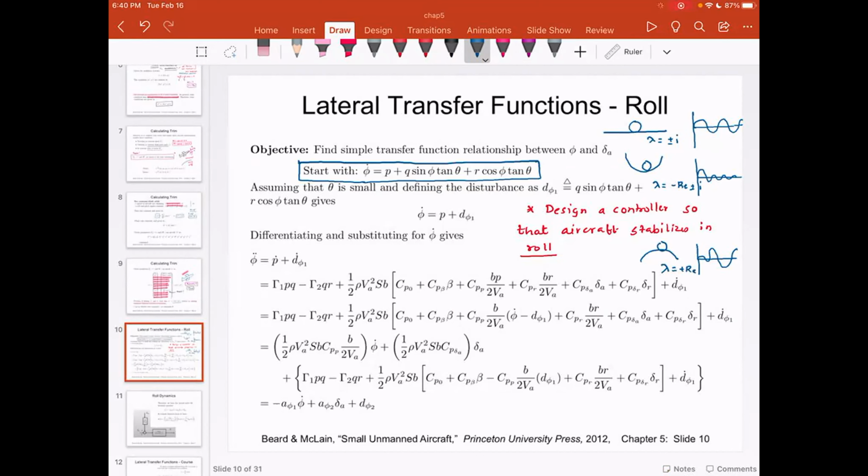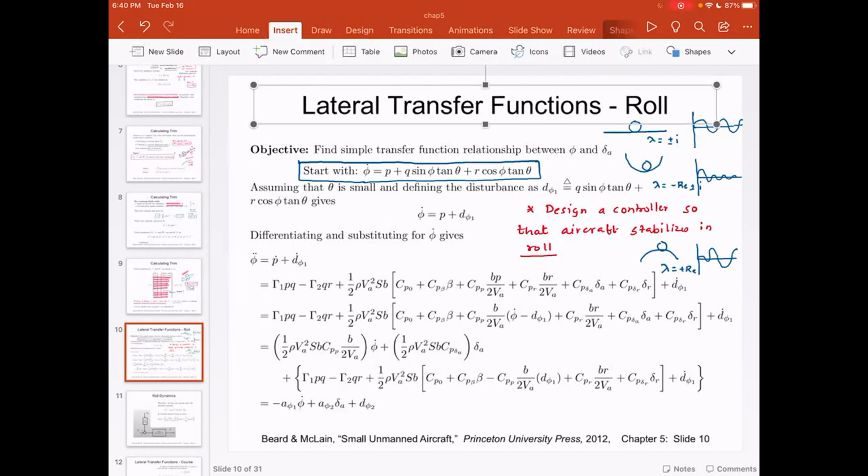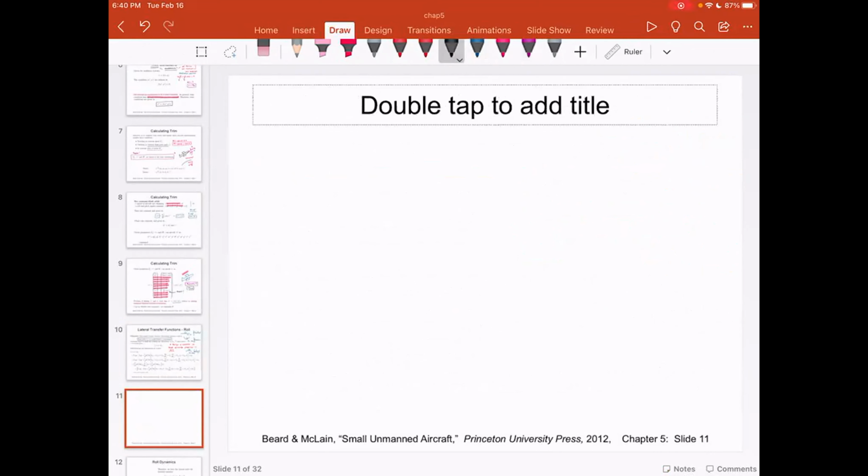Now, let's try to extend those concepts to the roll stability. I want you to think about a hypothetical situation where I have an aircraft that is flying in level flight. So this is an aircraft, this is a tail, this is the nose.